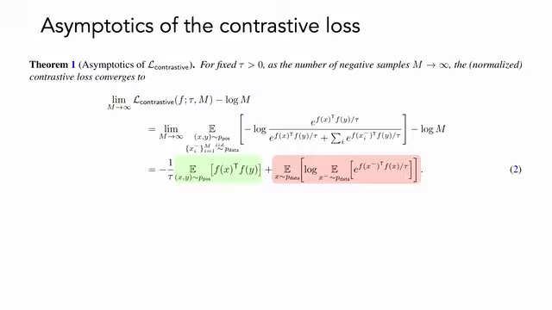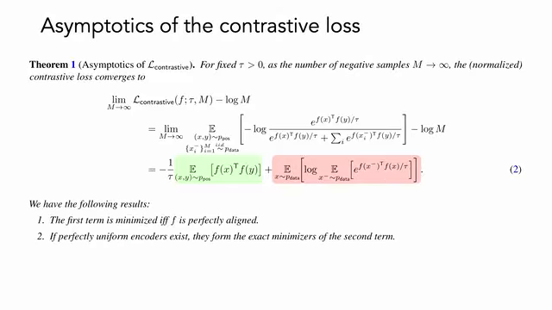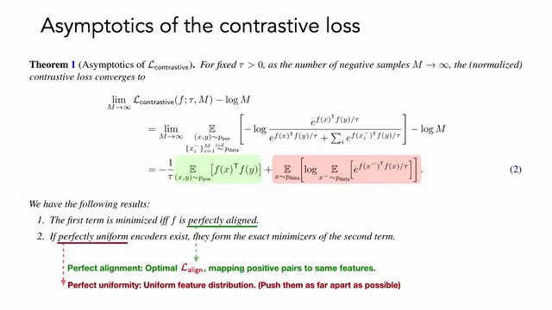And the second term gets minimized if all the collapsed points are spread out as far as possible, which is that uniform distribution. So the first term gets minimized if and only if f is perfectly aligned: all the things that are the same are exactly the same embedding. And then the second one is minimized if we get perfect uniformity, which is explicitly the uniform feature distribution, pushing everything as far apart as possible.